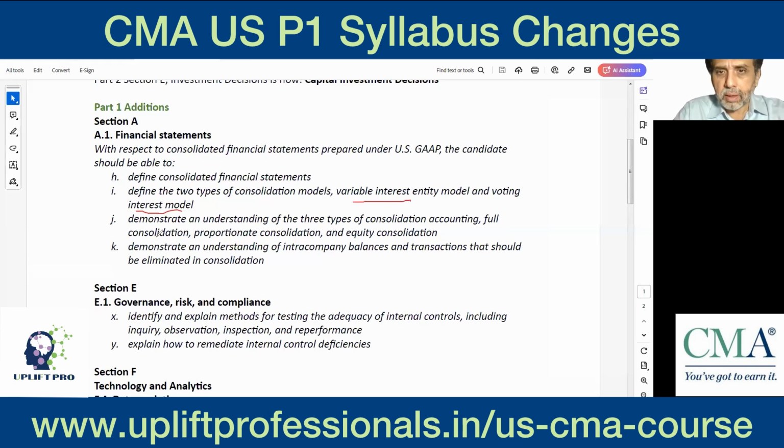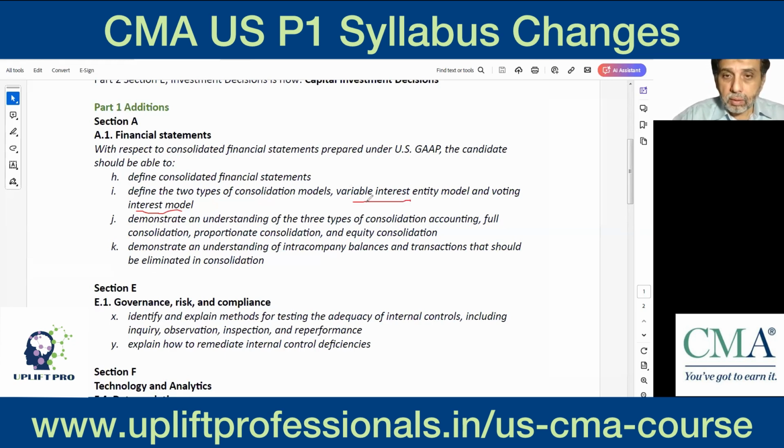All the decision making is done by a certain company that doesn't own many shares, but still consolidation is required because there is considerable control. They are called the primary beneficiary. Who is the primary beneficiary? The company which has significant control. Even then, consolidation is required.